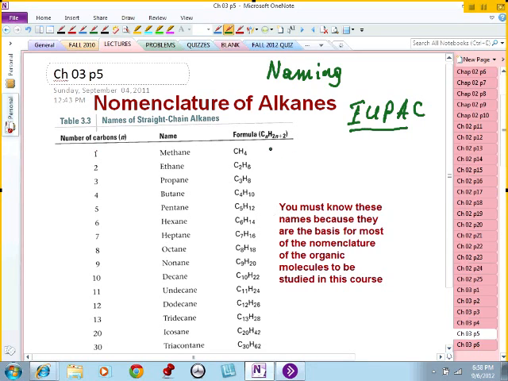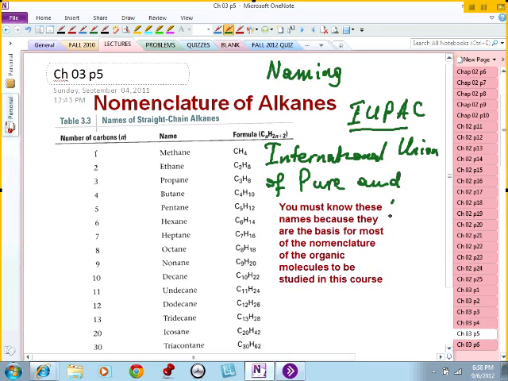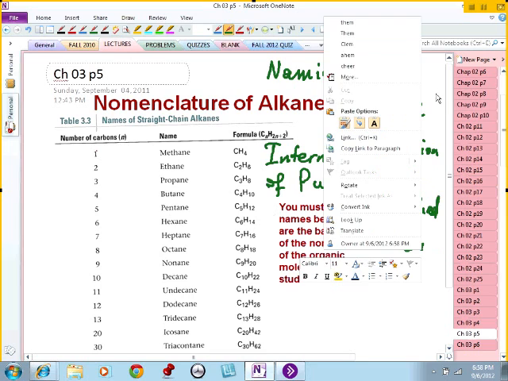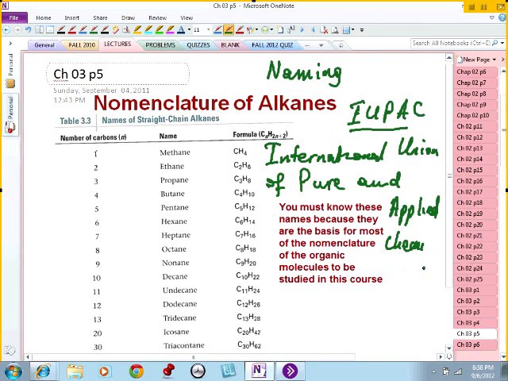IUPAC stands for International Union of Pure and Applied Chemists.